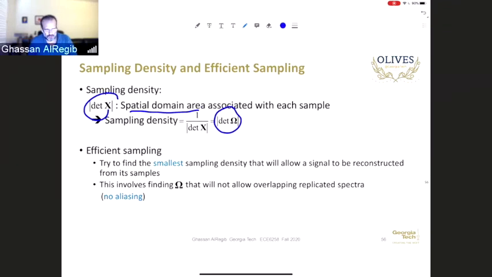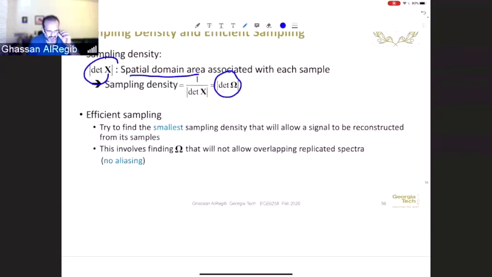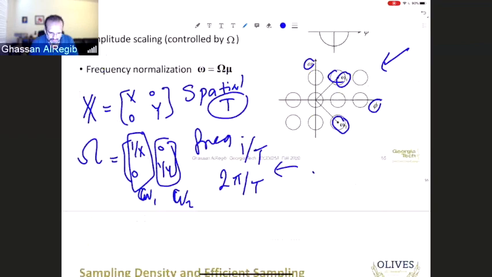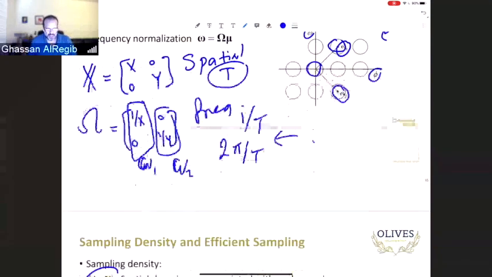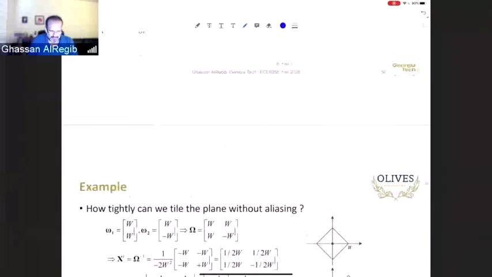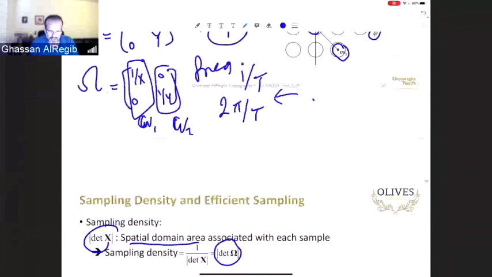So now our job is to find the smallest sampling density that will allow the signal to be reconstructed from its samples. That means I don't have overlap when I do the replicas. Remember, I don't want to have overlap between this disk and this disk, right? At the same time, I want to have the smallest sampling density. So what does that mean? Is this the smallest?